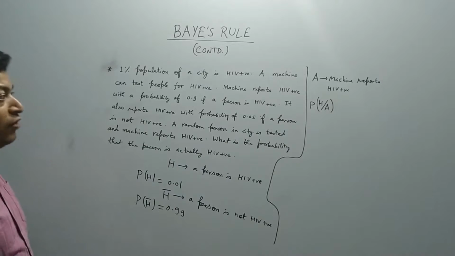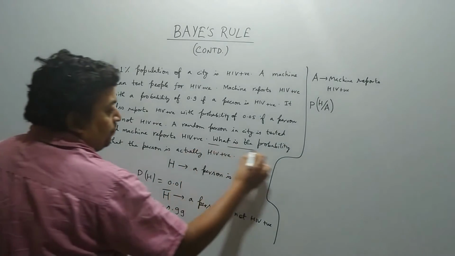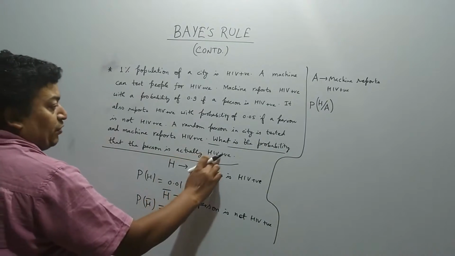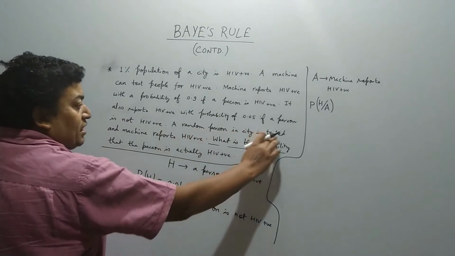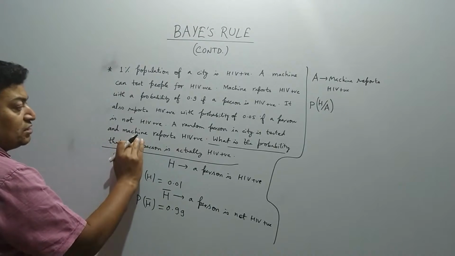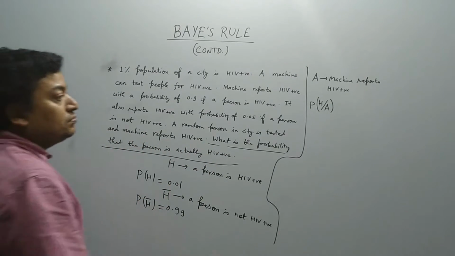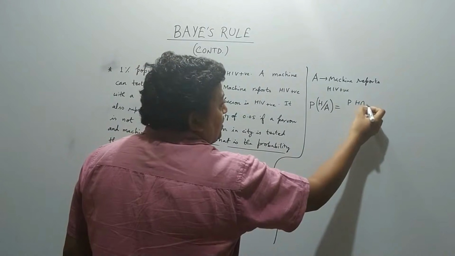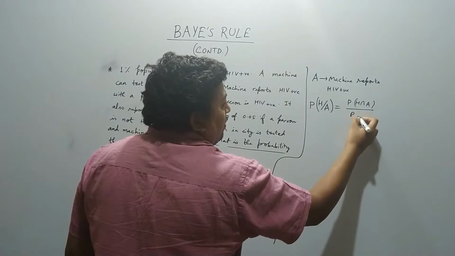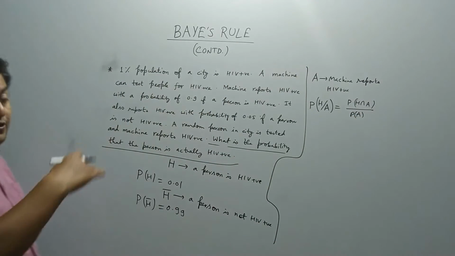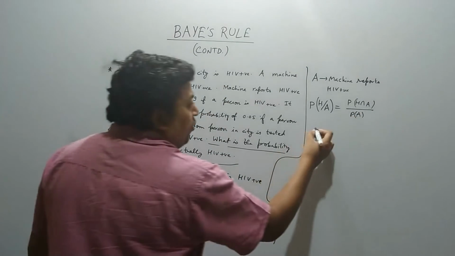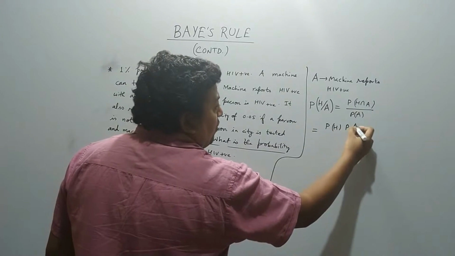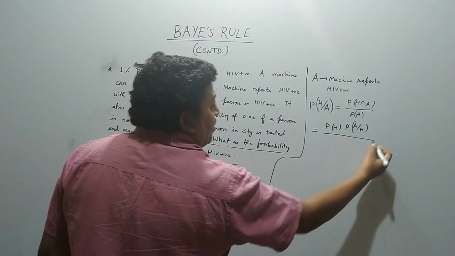So P of H given A is equal to P of H intersection A upon P of A. We have done this so many times in the previous videos also. Now P of H intersection A will be P of H into P of A given H.